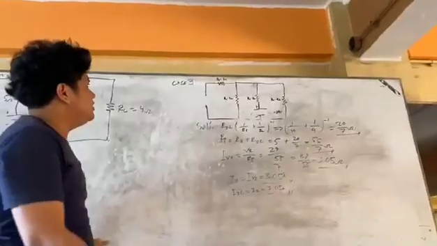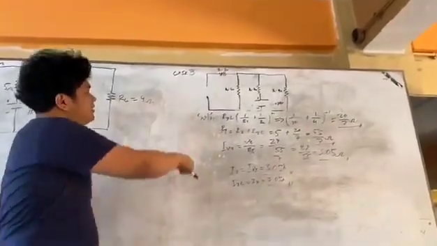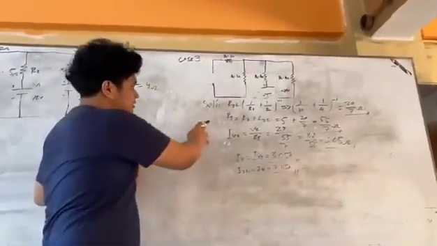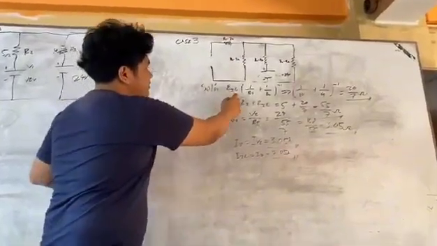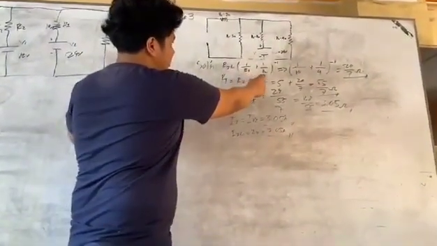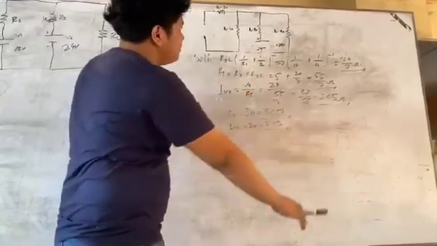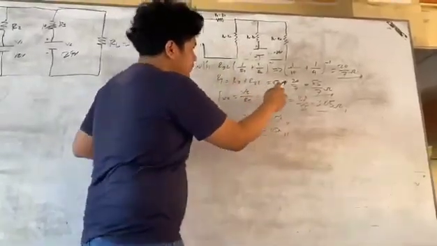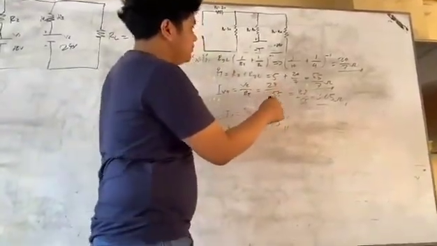Case 3 is Kirchhoff's law. R3L is (1 over R3 plus 1 over RL) inverse. We substitute the values to be (1 over 10 plus 1 over 4) inverse.